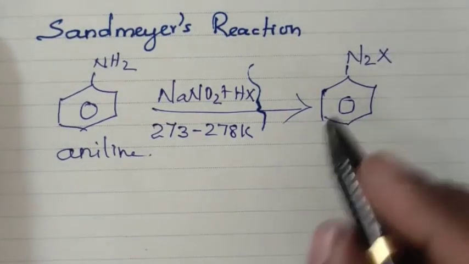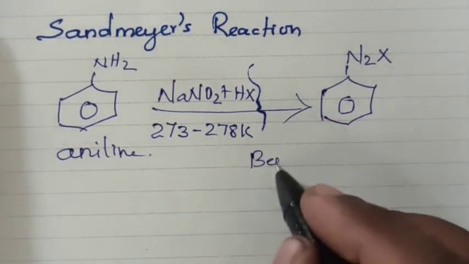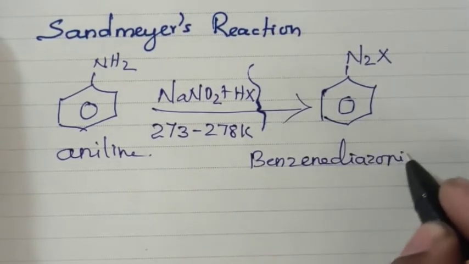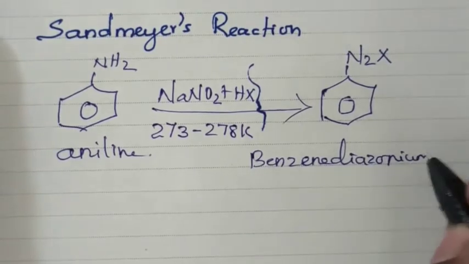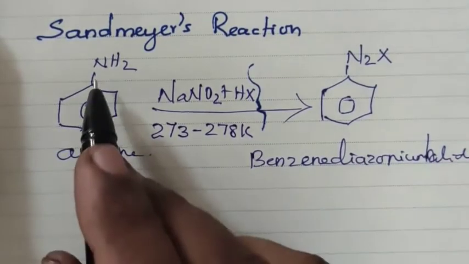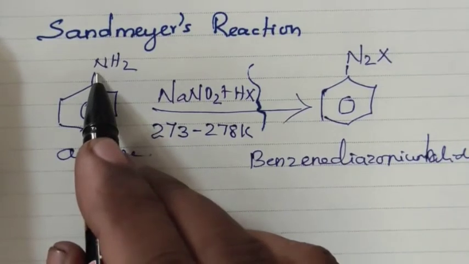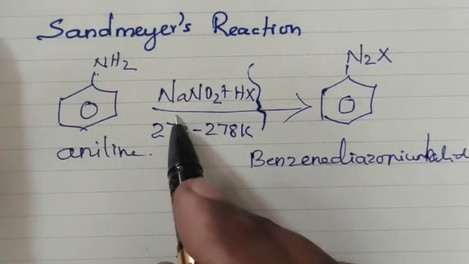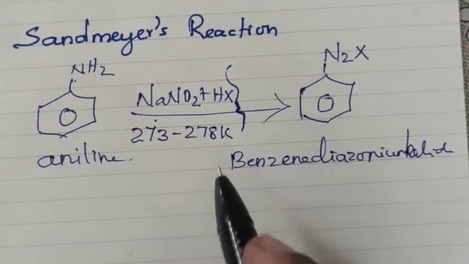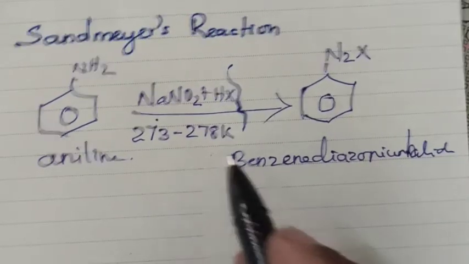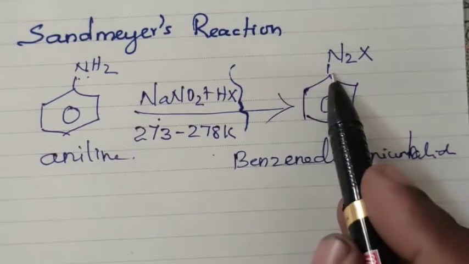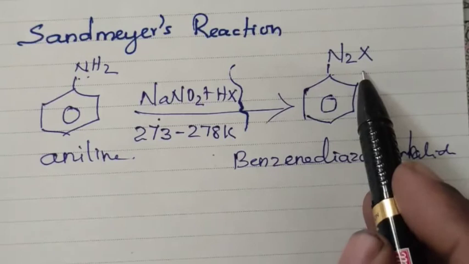This compound is called benzene diazonium halide. So, when an aromatic primary amine is treated with NaNO2 plus HX at about 273 to 278 Kelvin, the NH2 group will be converted into N2X.